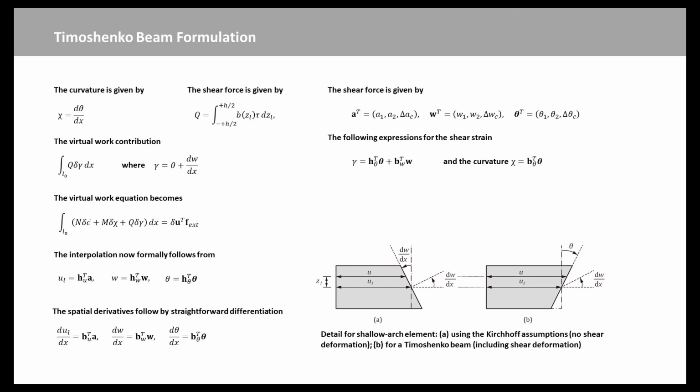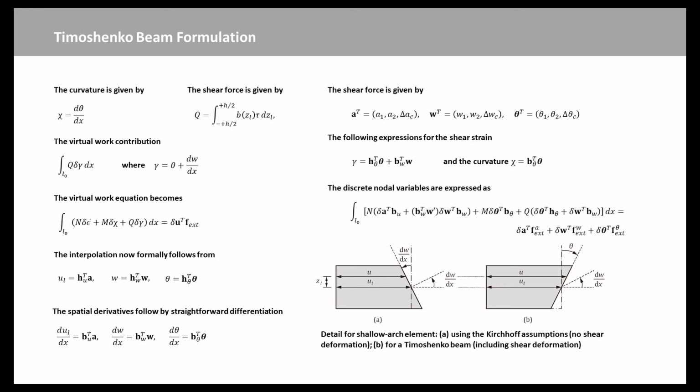We obtain the new expressions for the shear strain and curvature. Substitution of the interpolations into the virtual work, and noting that the discrete nodal variables now consist of the set of A, W, theta, gives a new virtual work equation.